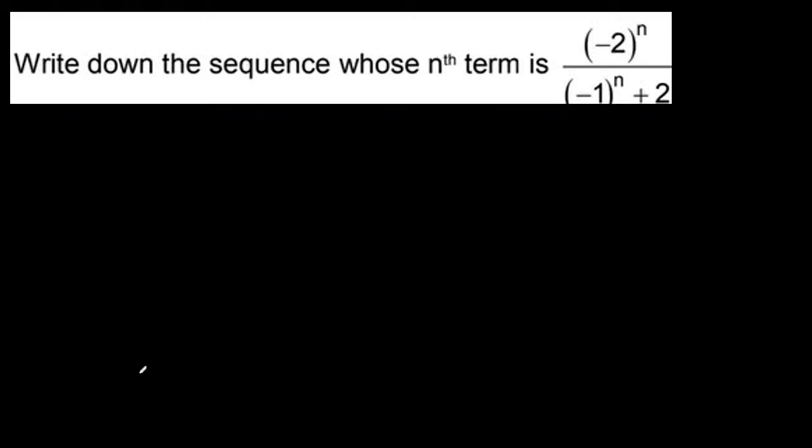Moving ahead, the nth term is given. So we can consider this as a series. So we have to write the sequence of this. So for n equal to 1, it is (-2)^1 divided by (-1)^1 plus 2. So you can see that it is -2. First term is this one.